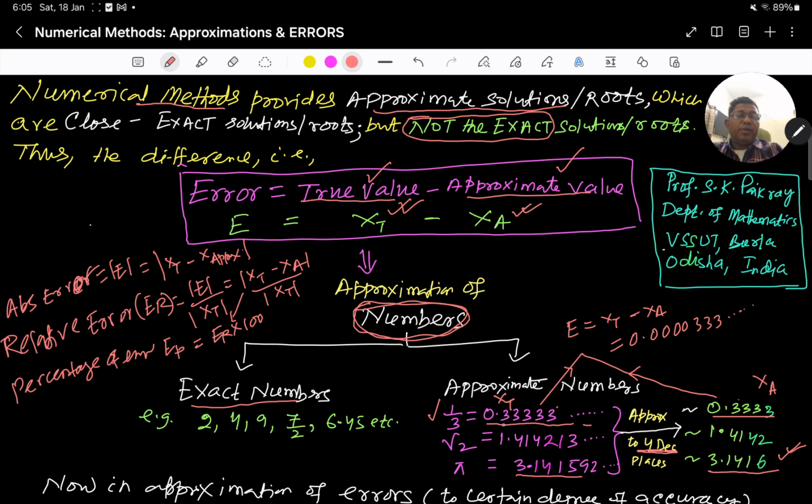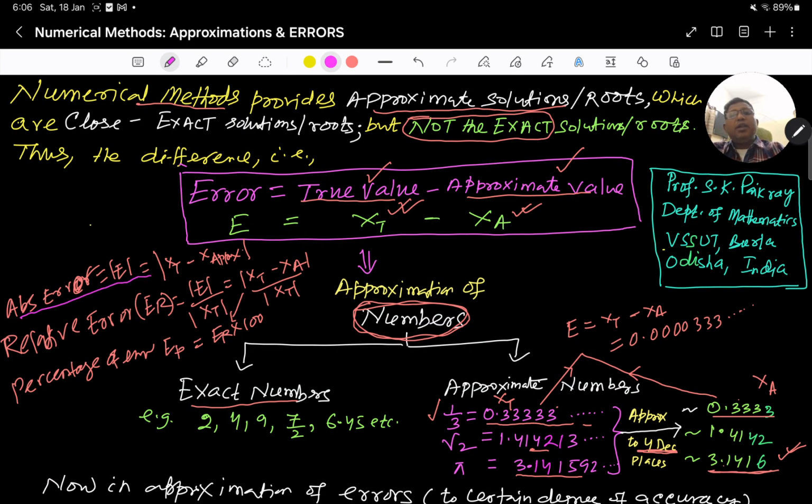But while we approximate, as I have told you, 1 by 3 is 0.3333 continued up to infinity, root 2 is 1.4142 and so on, and pi is 3.14159 or 22 by 7, so we rounded up to 4 digits. Later on I will tell how this rounding is made, what is the principle of rounding. Clear?